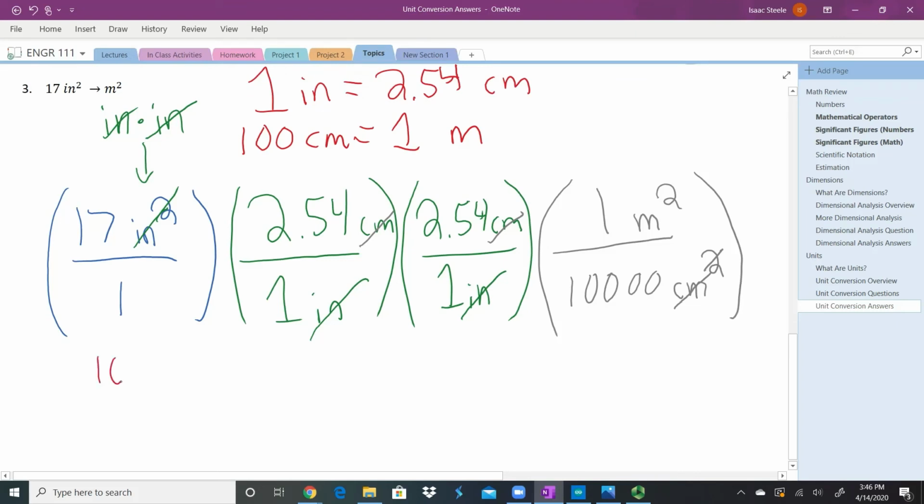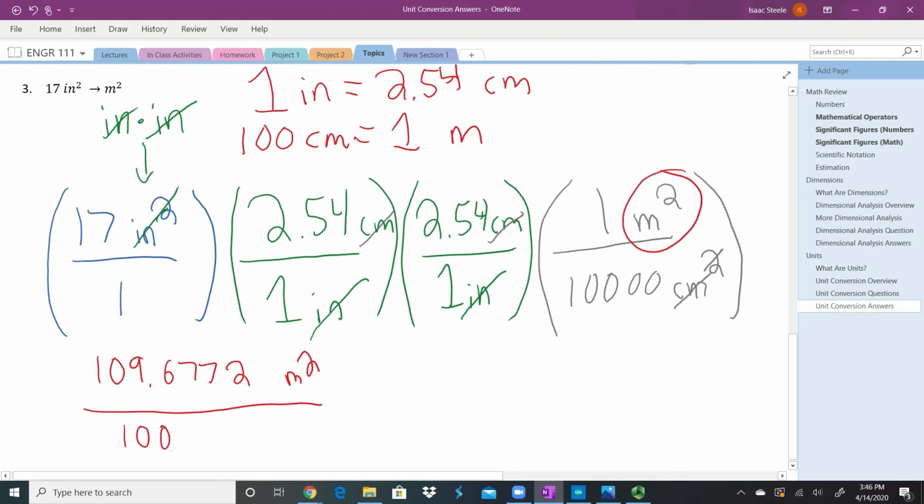So now when I go through and I calculate this, I get 109.6772 meters squared. That's all that I have left. I like to circle that, over everything that was on the bottom. And this equals 0.0109672 meters squared.